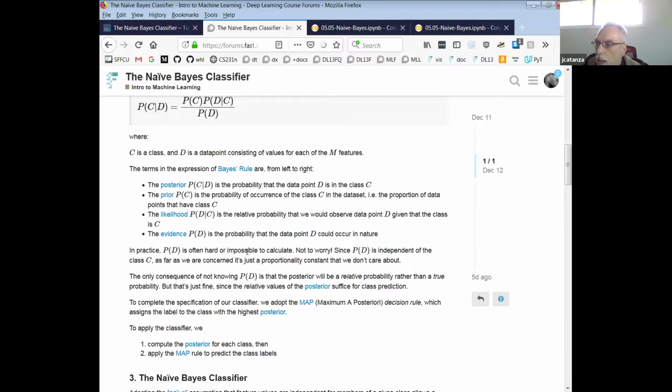But P of D doesn't depend on the class, so it ends up acting just like a proportionality constant, and we don't really care about it, because what we're really interested in is the relative ranking of the left-hand side, basically how large they are. If we adopted a decision rule, we would probably adopt the class with the highest probability. So you don't really care what the probability is. You just care that you got the maximum.